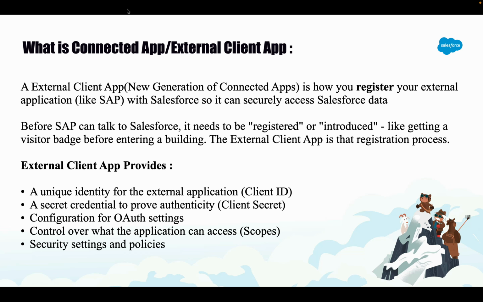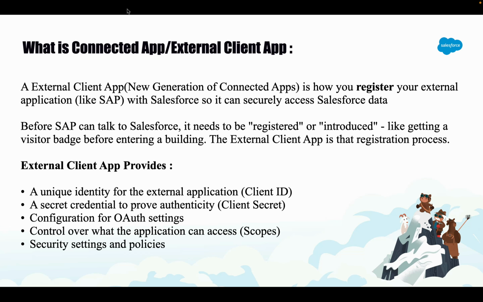Before providing access, Salesforce first needs to know which external app is trying to connect. Is that application legitimate and approved? What is the application allowed to access, and where should Salesforce send the response back to?